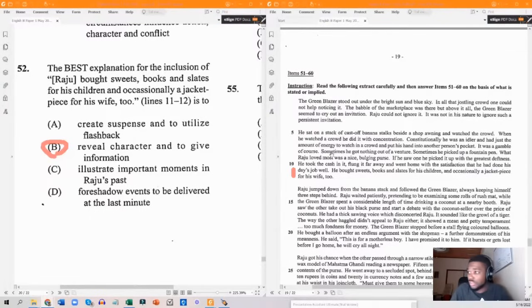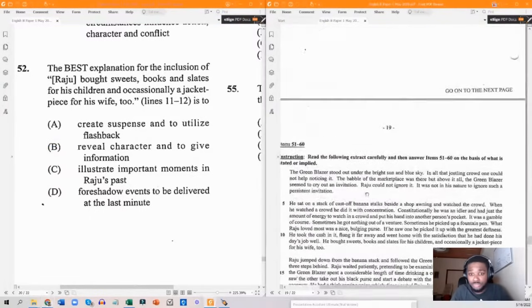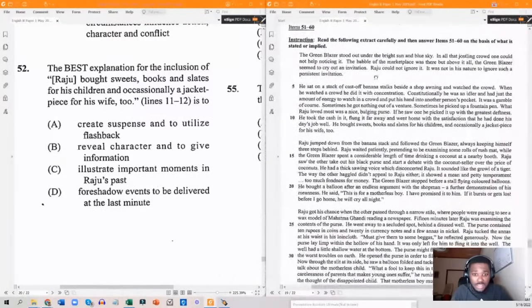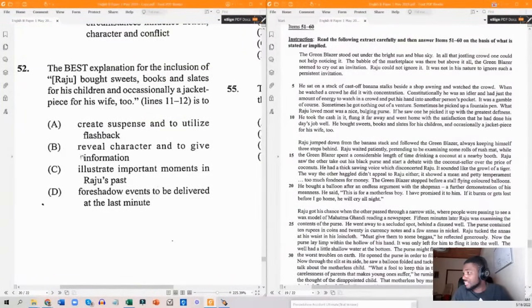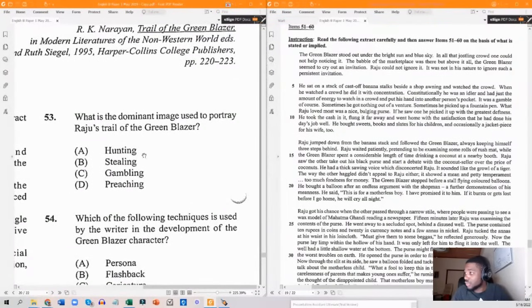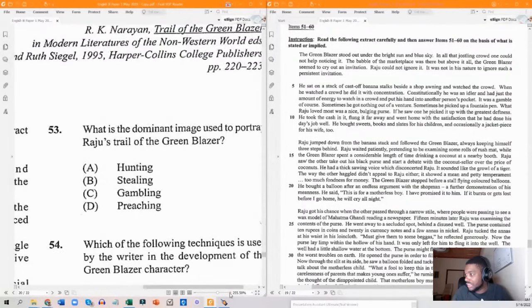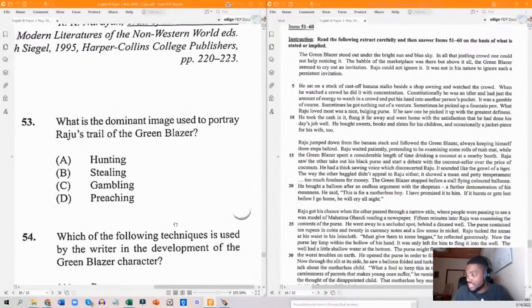All right. 53. Oops, wrong thing. I dragged the wrong page. All right. What is the dominant image used to portray Raju's trail of the green blazer? What is the dominant image? He's trailing this guy to steal his money.